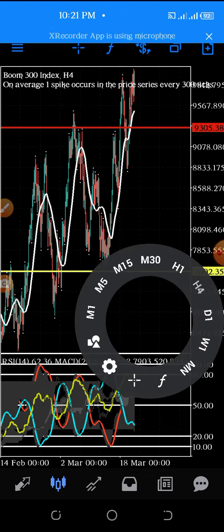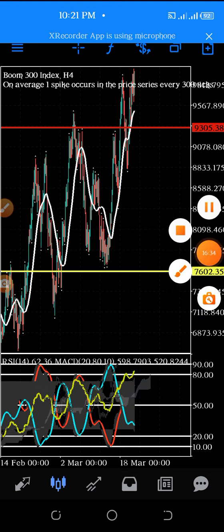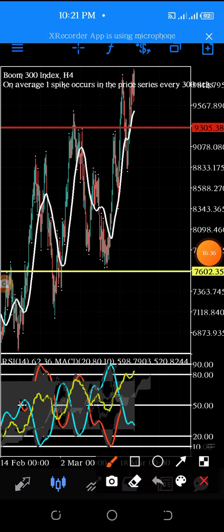I want to show you something, just watch. The highest peak of this market is here. Can you guess now, is it the bulls or the bears that reached this line?